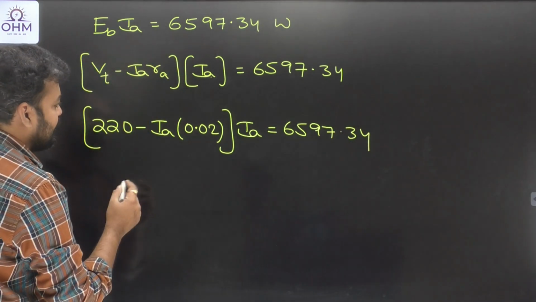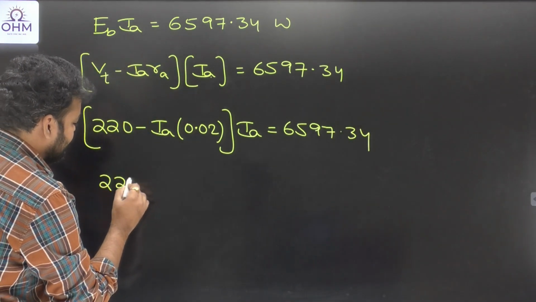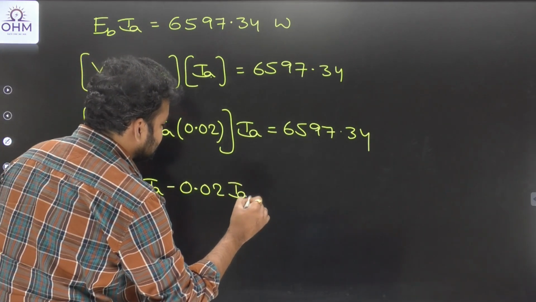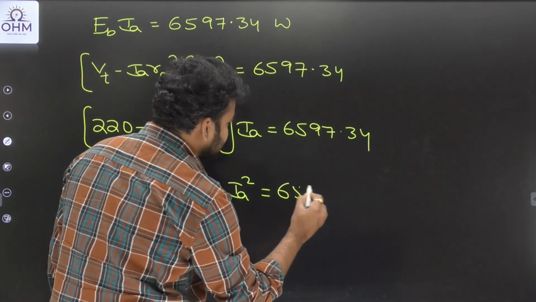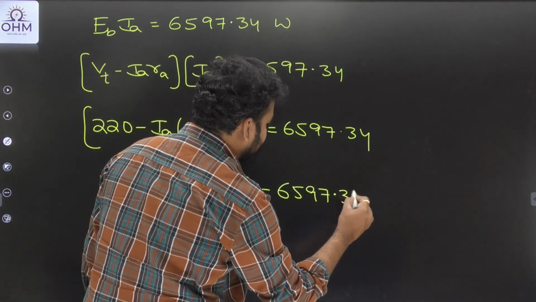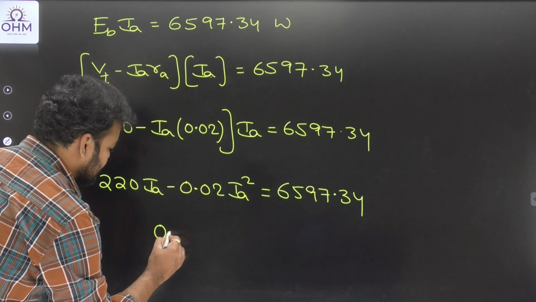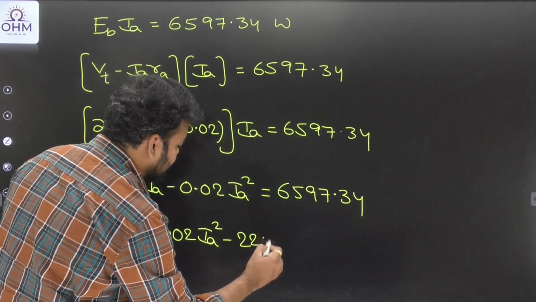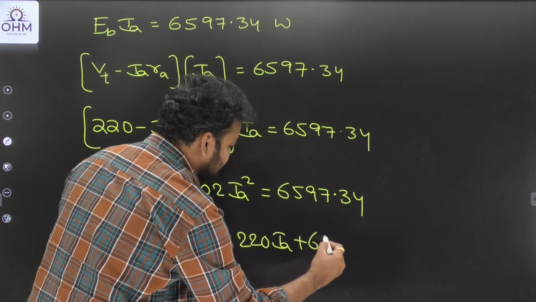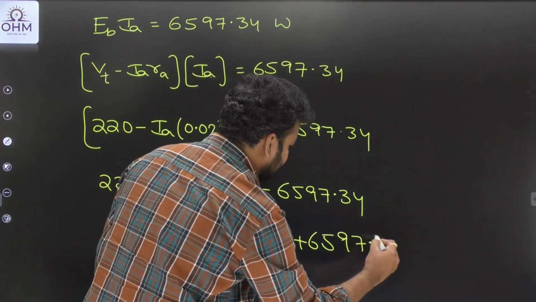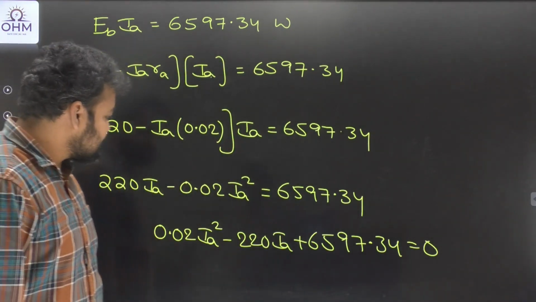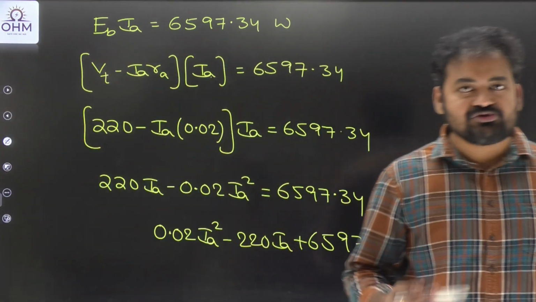If I multiply, 220 IA minus 0.02 IA square is equal to 6597.34. From this, 0.02 IA square minus 220 IA plus 6597.34 is equal to 0. Is it looking like a second order equation? Now if you solve it, you will get two solutions.